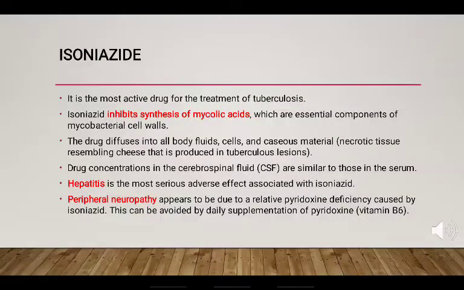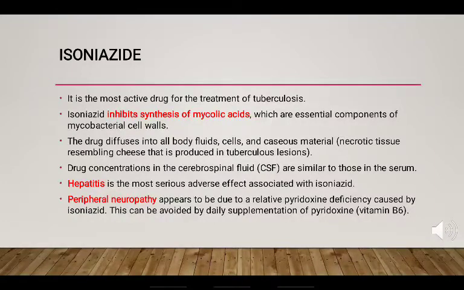Okay. So the first agent in this group, anti-tuberculosis drugs, is isoniazide. This is the most active, the most common, the widely used one, and the most effective actually.